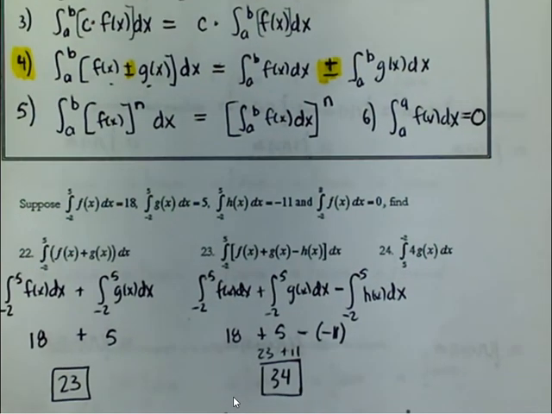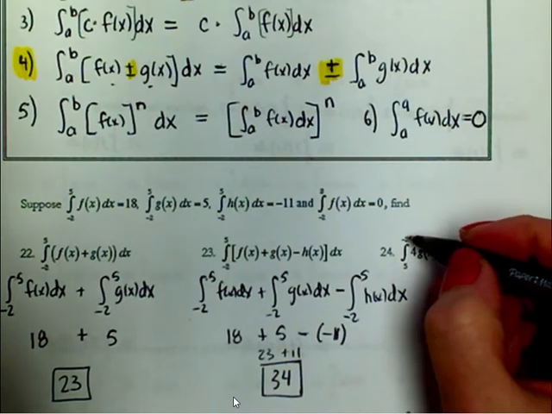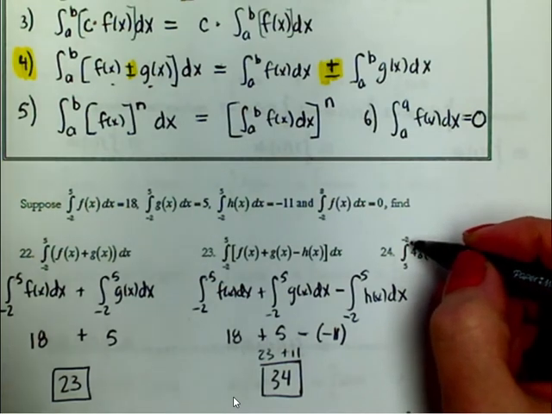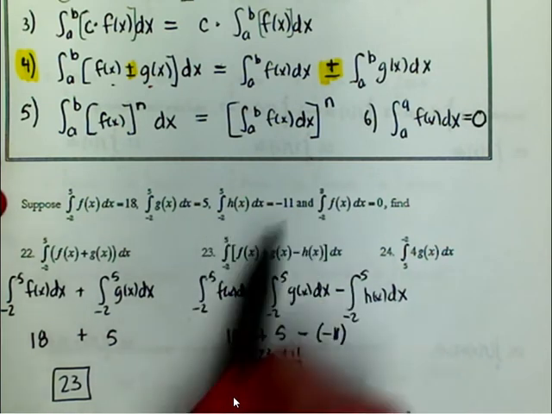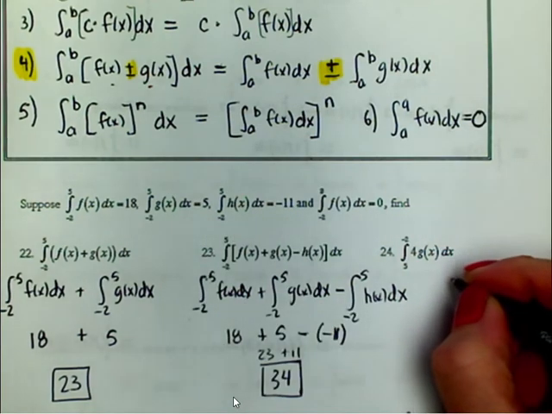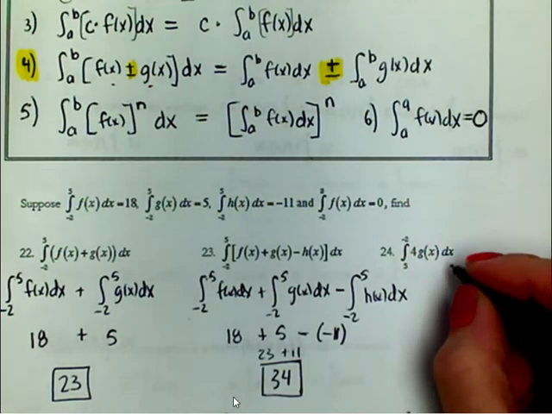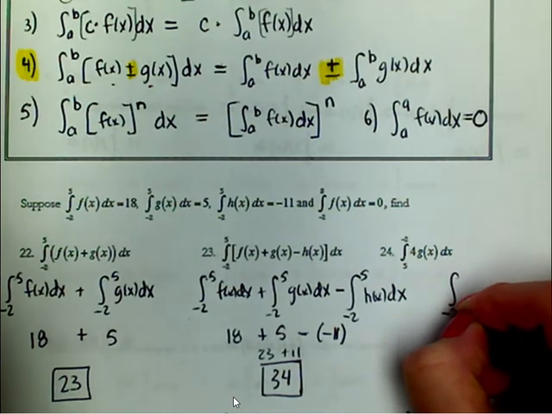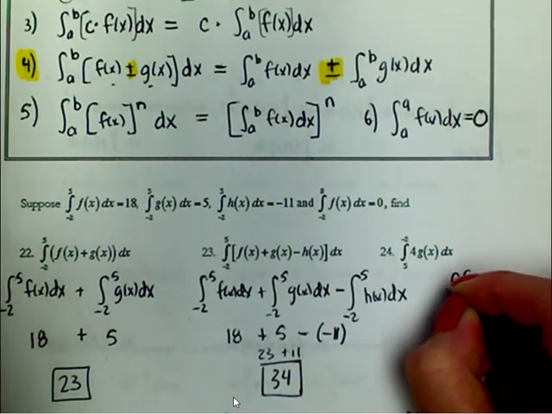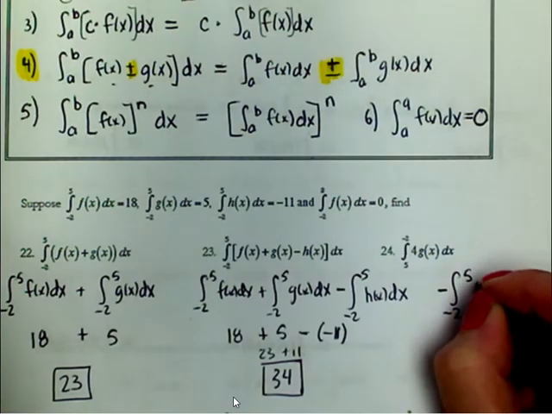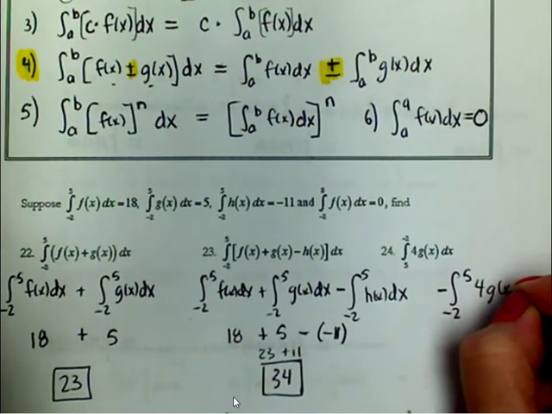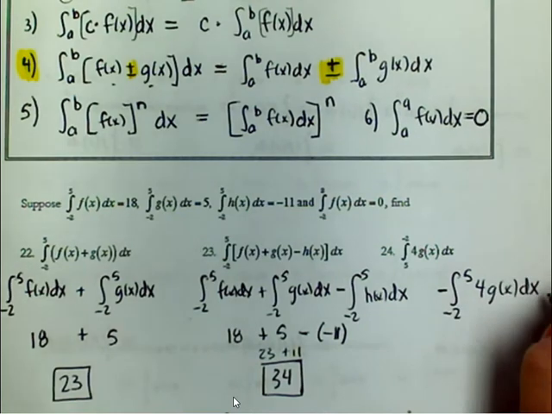Let's look at the last one. 5 to negative 2. Oh, so that's backwards. Notice that all of my integrals start at negative 2. So we're going to use the first property, and we're going to change the order. Negative 2 to 5 minus 4 g of x dx.